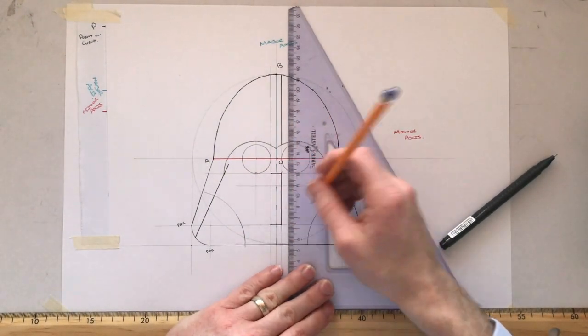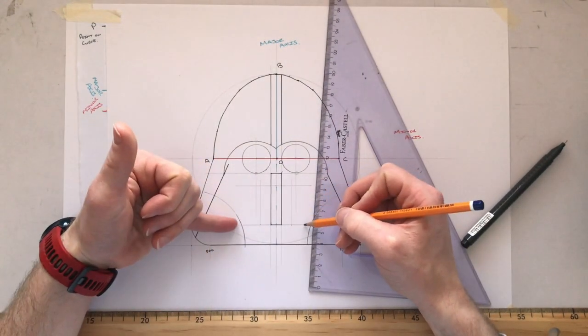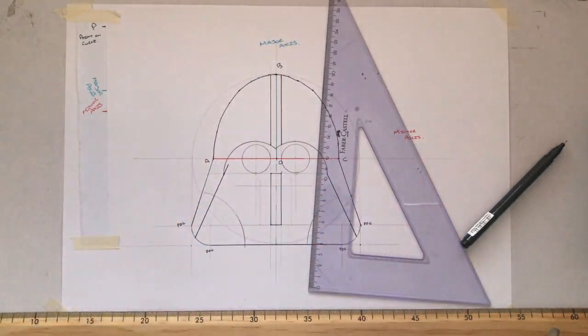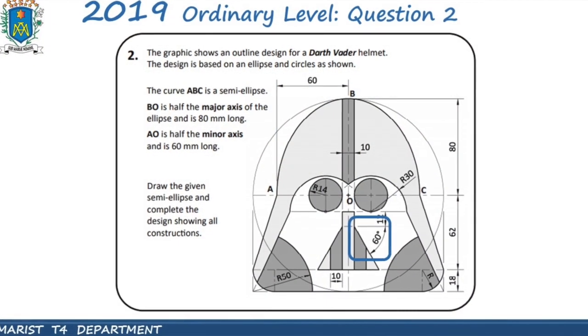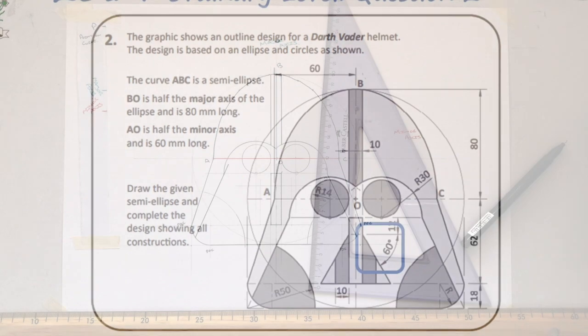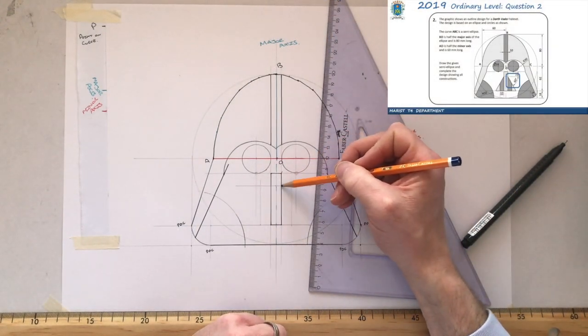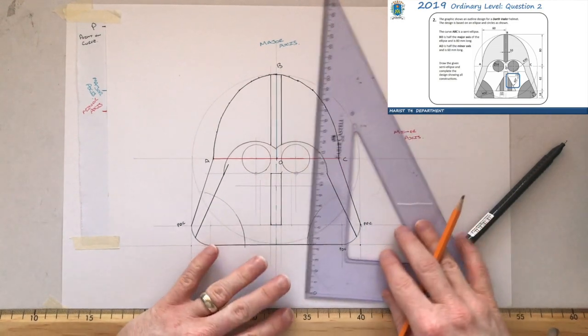So we know that there's one line coming up here, there's another line coming up here, but we don't know where this finishes. But if we look closely at the question, we can see that there's a 60-degree angle line. That 60-degree angle line is from where this 12mm intersects the outside of this strip here.